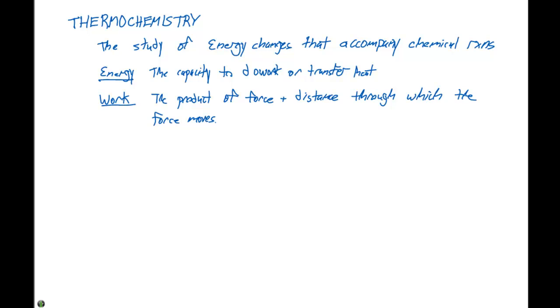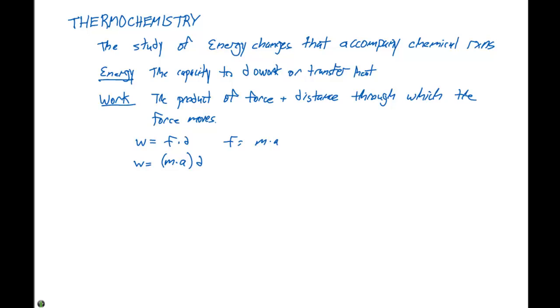If we wanted to express this in an equation, we can say that work is equal to force times the distance. We also know that force is equal to mass times acceleration. So we can rewrite this to say that work is going to equal the mass times the acceleration times the distance.